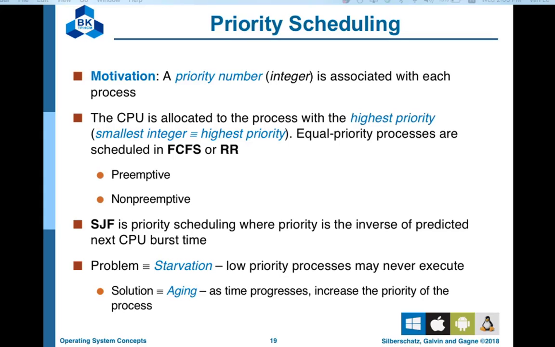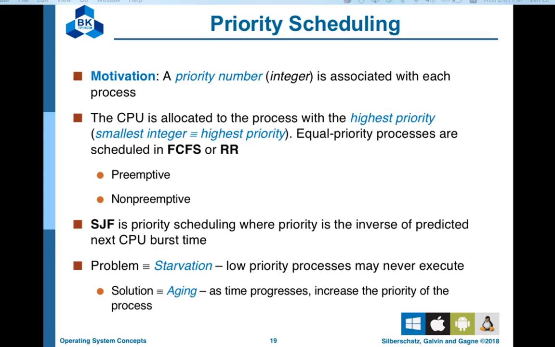Aging: we will increase the priority of the process over time. Starvation also occurs in shortest job first and shortest remaining time first, because in these two scheduling algorithms we privilege the small burst time first.